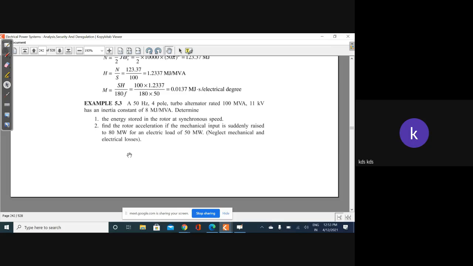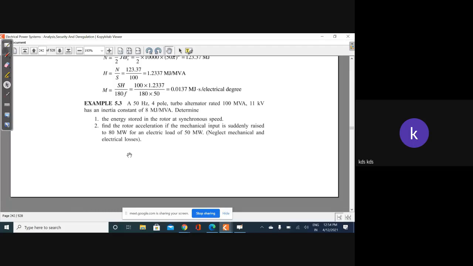So in the moving part or in the rotating part, the kinetic energy is always stored. So what is the use of that kinetic energy? That is very useful. Whenever the load increases on the system, abruptly there is no change in mechanical input, because mechanical input to the generator is through some mechanism, right?